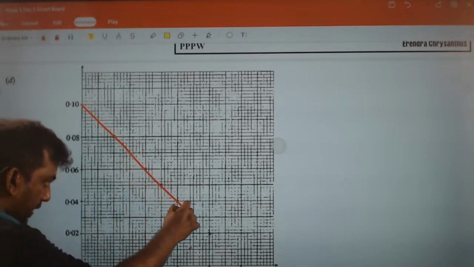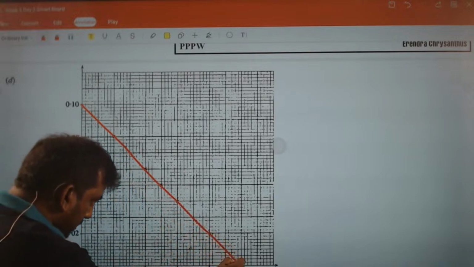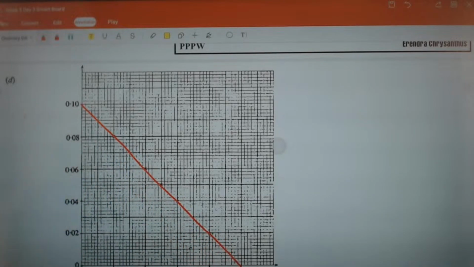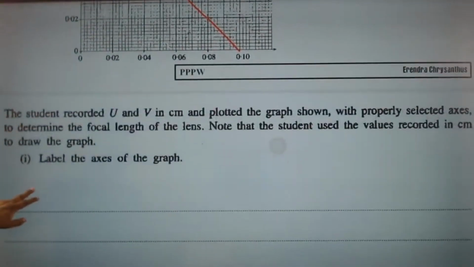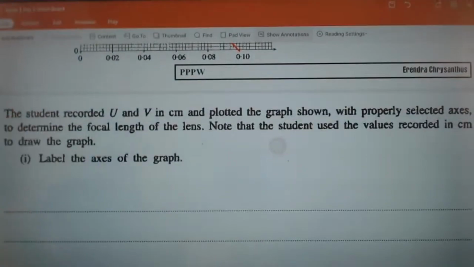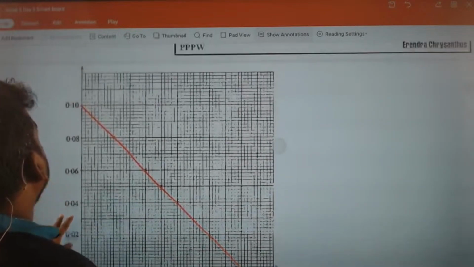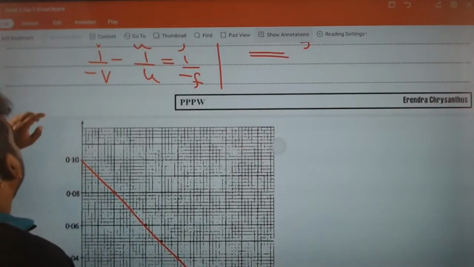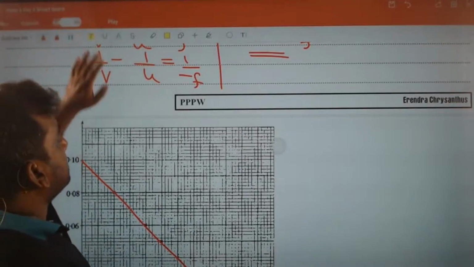All the points are there. There you go, the graph. Show how to determine the focal length with properly selected axes. Please name the axes.